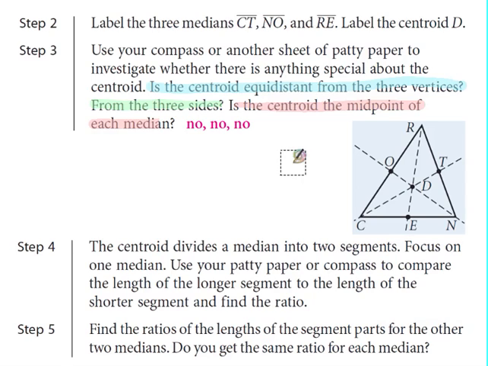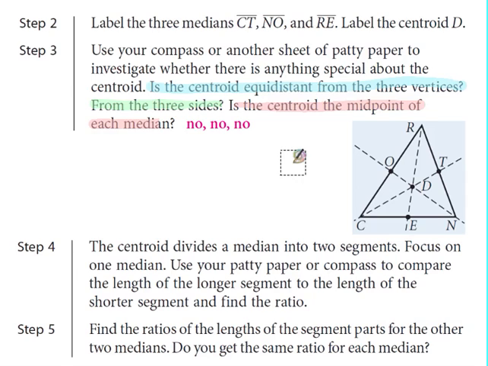The centroid divides a median into two segments. Focus on one median. It doesn't matter which one, pick one. Use your ruler to compare the length of the longer segment to the length of the shorter segment and find that ratio.